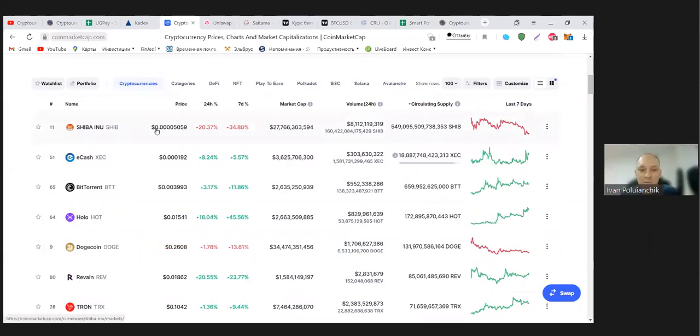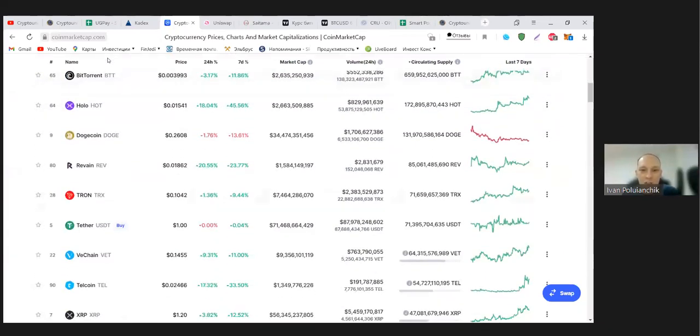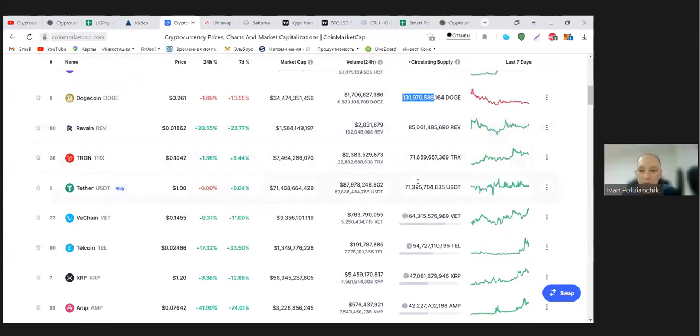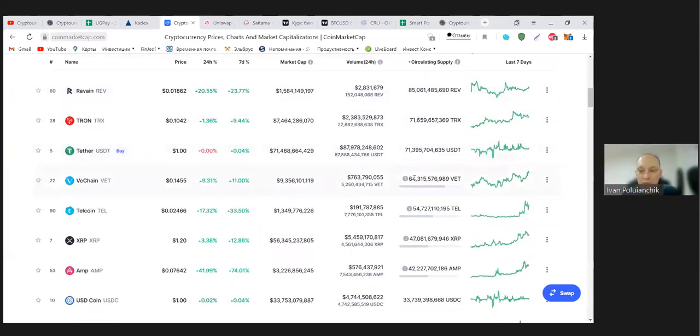And if the price of those coins becomes $1, then no money in the world will be enough to cover it. There is no physical amount of money enough to sustain this many coins. Dogecoin, for example, at one period had quite a lot of coins in the market, and now we have other coins too.